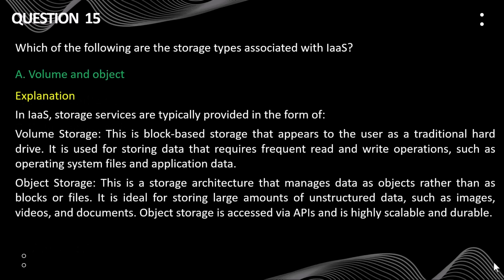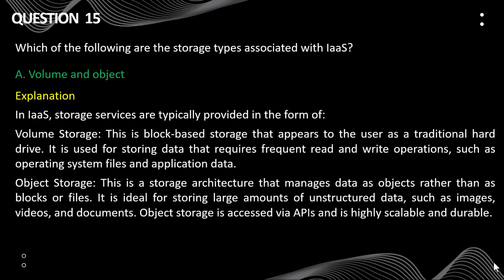In infrastructure as a service, the storage services are provided in the form of volume storage and object storage. The volume storage is a block-based storage that appears to the user as a traditional hard drive. Now, it is used for storing data that requires frequent read-write operations like application data and operating system files.